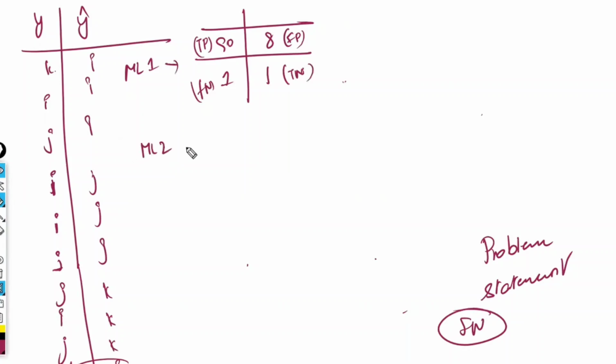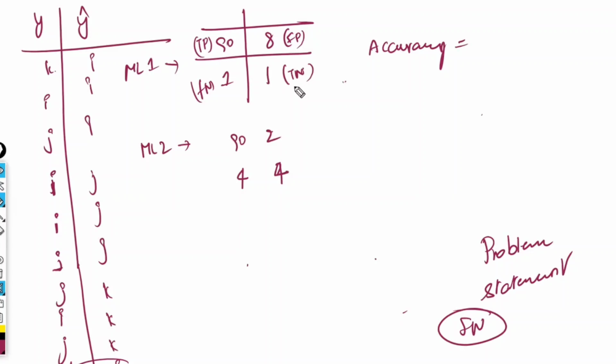Assume ML algorithm 2: now 90 and 4, and this one also 4 and this one 2. Now if you observe this, what is the accuracy of this machine learning algorithm, guys?